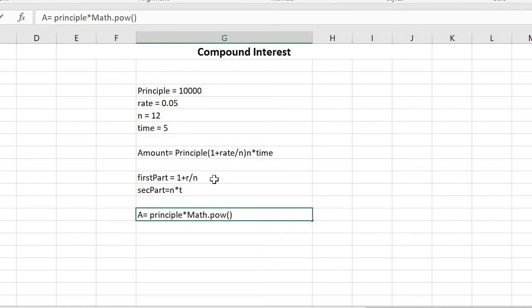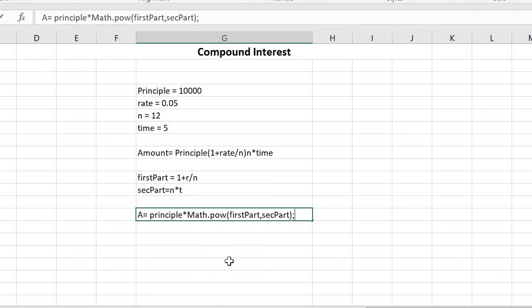This power function takes two values: the first part as we have calculated, and the second part, which was the raised to power part, and hence we can calculate the value. This is how we can calculate the value of amount.